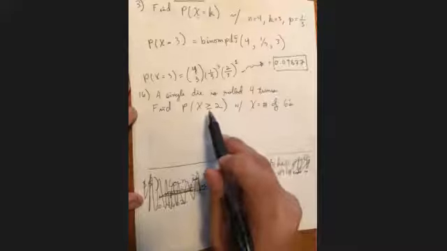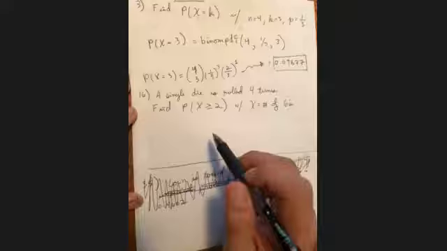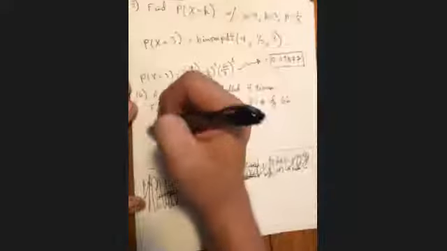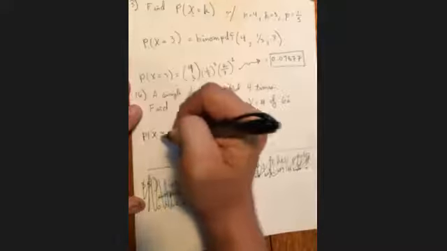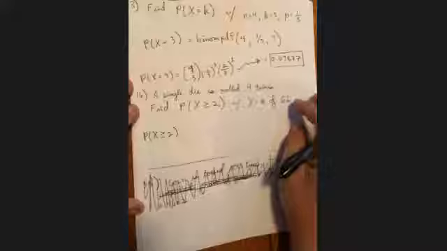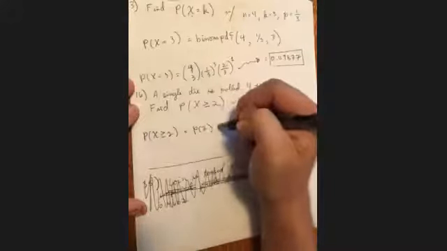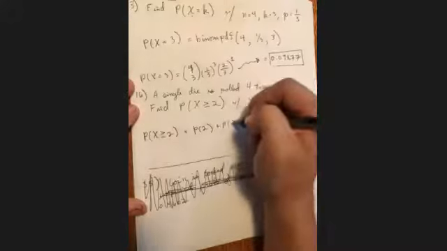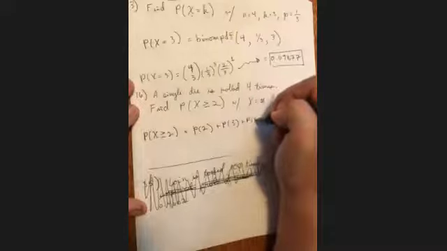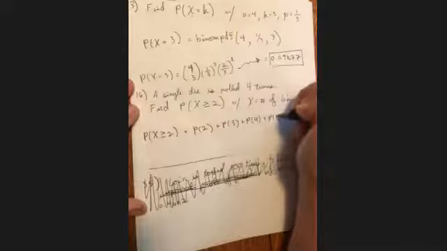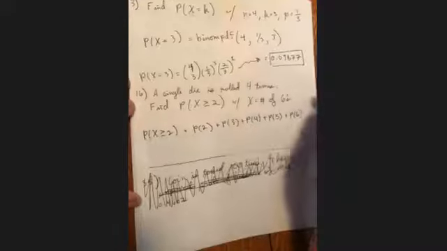So at least means greater than or equal to. Recall that to calculate this probability directly, we would calculate the probability of 2 plus the probability of 3 plus 4 plus 5 plus 6. So that's a lot of probabilities to compute.